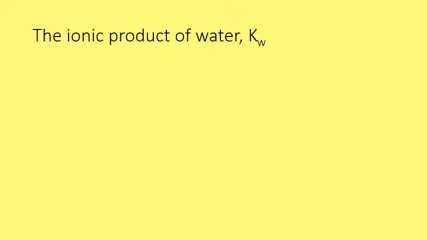So let's start off by considering what happens in water. So if we look at two water molecules, you've got H2O as a liquid, and you've got another H2O molecule as a liquid, and as they exist in reality, the odd time one of these water molecules dissociates, and this hydrogen ion joins up with this water molecule, and this OH minus ion floats off on its own.